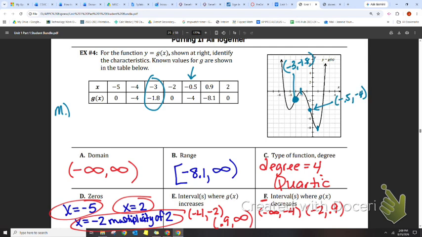All right, so go back to this. M says intervals where the graph is concave up. So I'm going to change colors. Let's go with purple. So I can see that this part of my graph is going to be concave up. It looks like a cup. And so I know it's going to start way over here on the left. Be careful. Remember, we're talking about x values, not the y's. It keeps going up, but it keeps going to the left where x is negative infinity, and to that point of inflection right there, which is when x is negative 3.